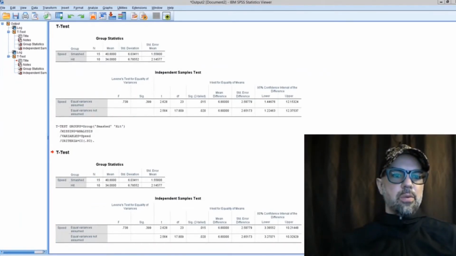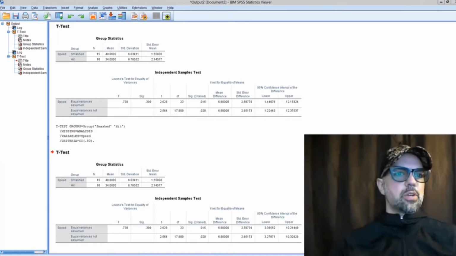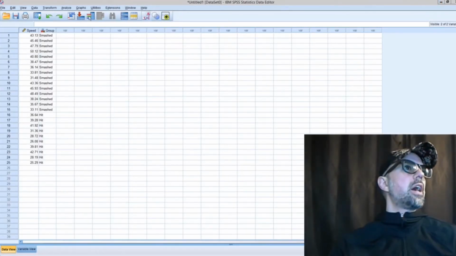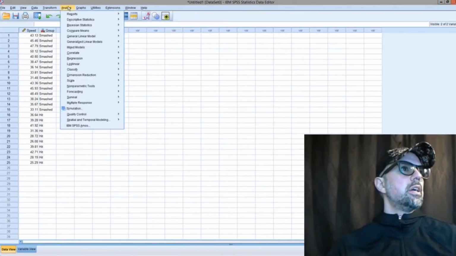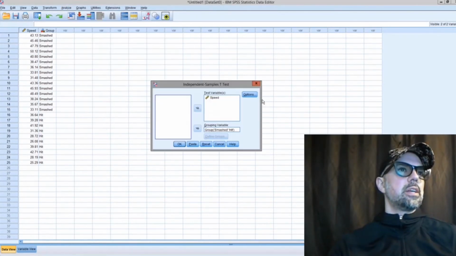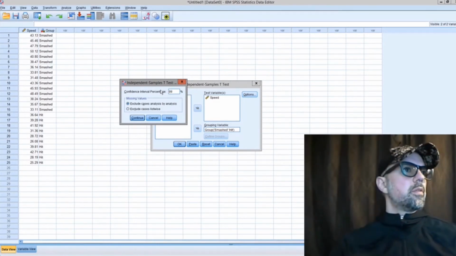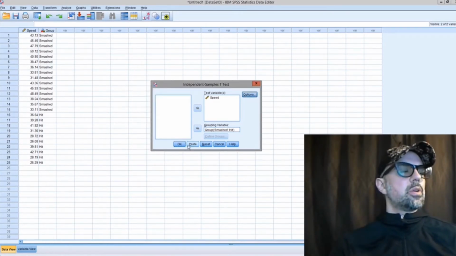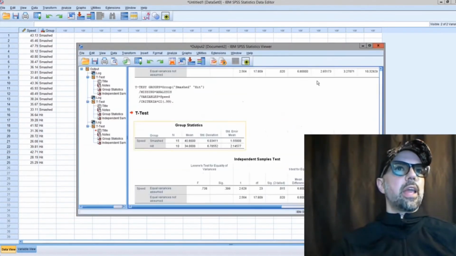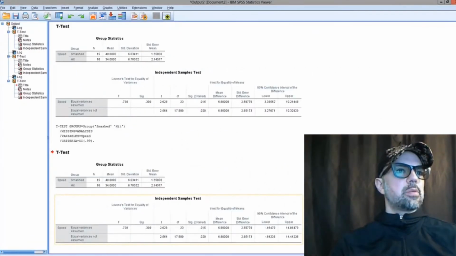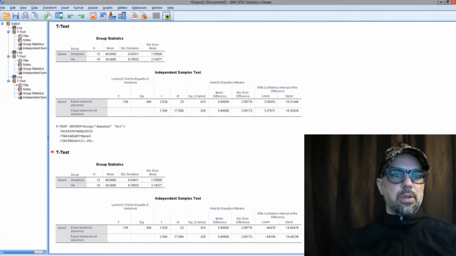So finally, we are going to go back and do one more, which is our 99% confidence interval. So we're going to go to analyze, compare means, independent samples t-test, hit those options, 99% for the lawyer that needs to be really sure. We hit OK, and we have a 99% confidence interval computed.